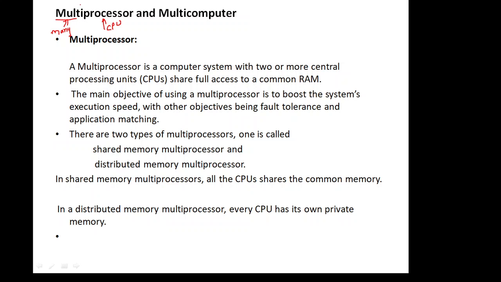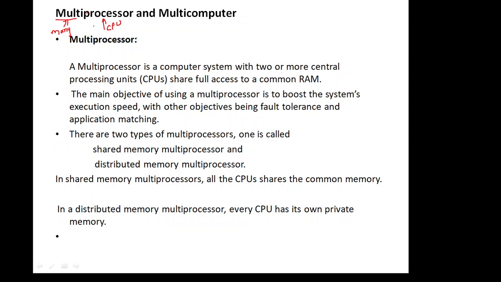A wide range of multiprocessors are shared memory devices. This multiprocessor is very useful because many models come under multiprocessors, but you don't need to discuss them in that depth.